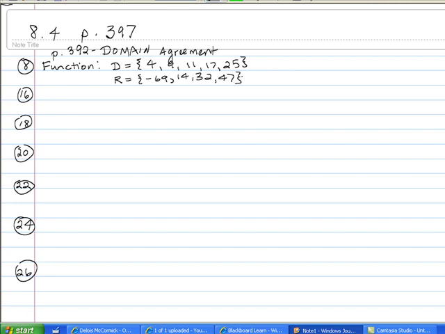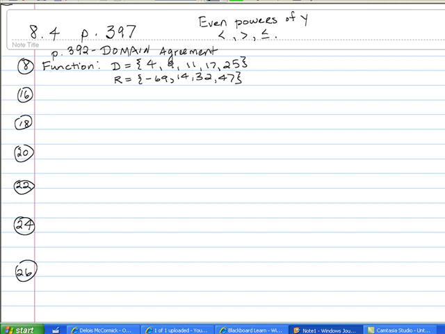Okay, now let's move on to number 16. It says decide whether the given relation defines y as a function of x. Give the domain. It turns out when we're working with equations, the problem ones that won't be functions are if we have even powers of y, or if we have inequalities: less than, greater than, less than or equal to, greater than or equal to.